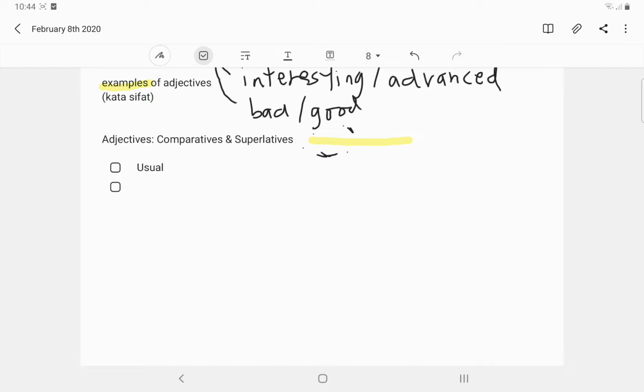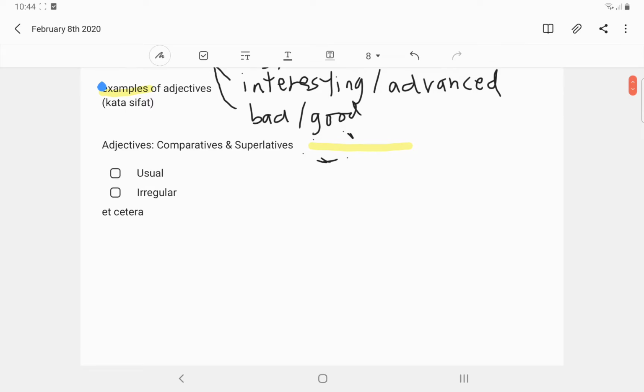Jenis yang kedua I panggil sebagai irregular one, dan jenis yang ketiga I panggil sebagai etc. So apa tu usual? Apa tu irregular? Apa tu etc? Now I will share with you.